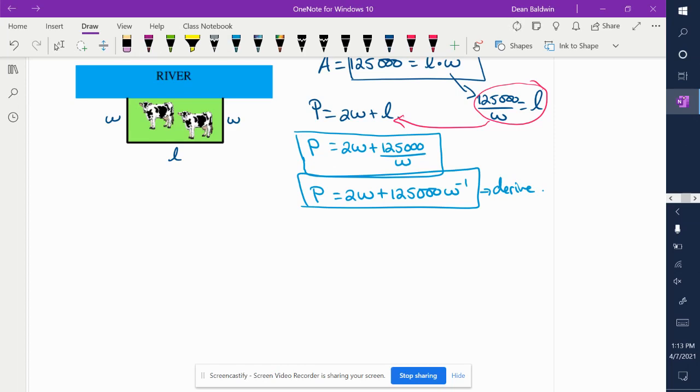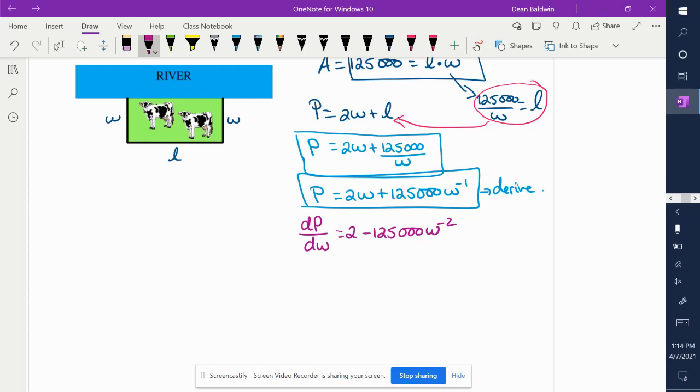So the derivative of P, so we're doing dP/dW, is equal to what? What's the derivative of 2W with respect to W? No, just 2. Because remember, if the bottom variable matches, it's just regular derivatives. So I get 2 minus, so I get that, right?